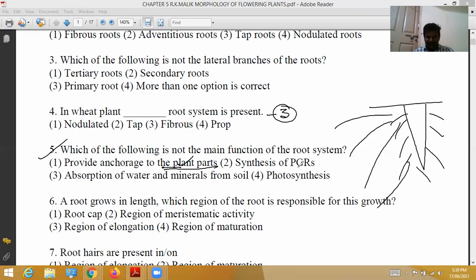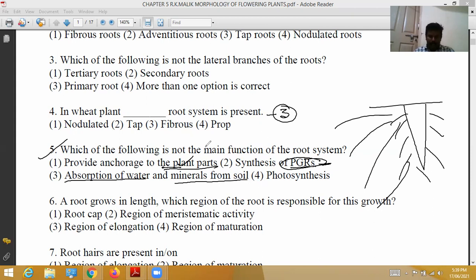Next, synthesis of plant growth regulators. Roots can also synthesize plant growth regulators, that is auxins, gibberellins, cytokinins, ethylene, abscisic acid, etc. Third, absorption of water and minerals from the soil is carried out by the root system.